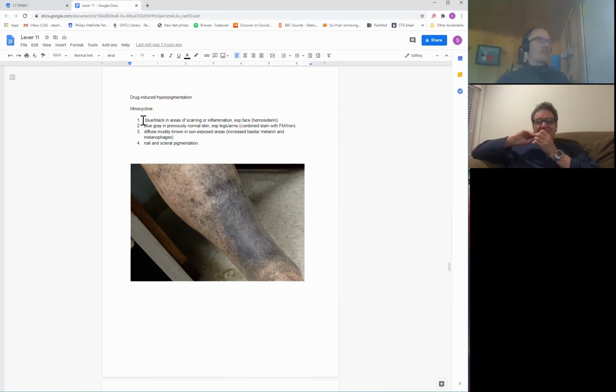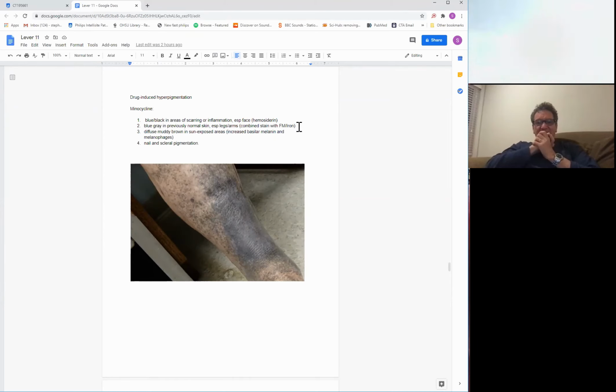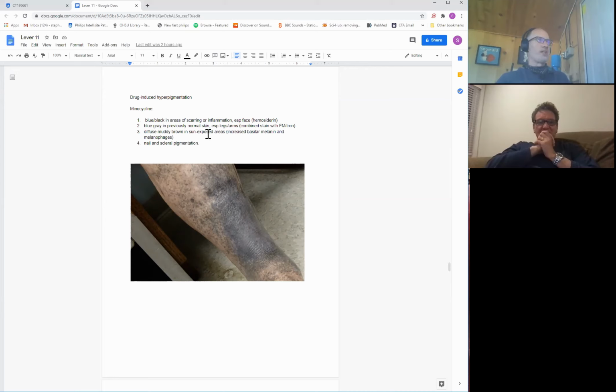So there's blue-black pigmentation in areas of scarring or inflammation, especially on the face, that is actually hemosiderin on the microscope. Blue-gray pigmentation in previously normal skin, especially on the legs and arms, is a pigment that stains with both Fontana-Masson stain and a Perls iron stain. There's no natural substance that stains with both of those stains, so that's actually drug pigmentation.